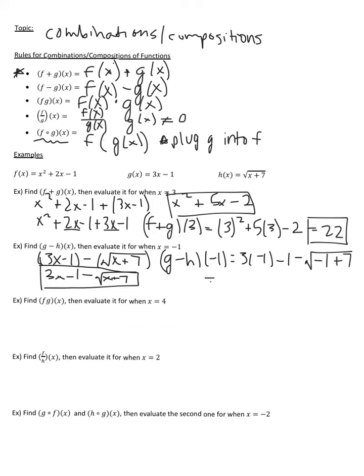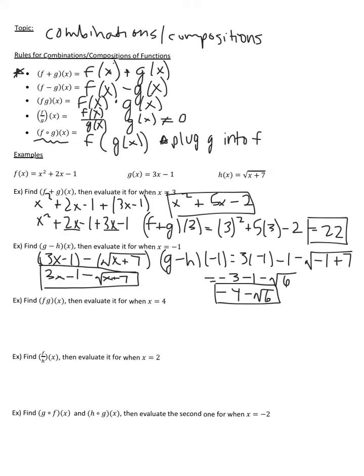So then that's going to give us negative 3 minus 1 minus the square root of 6, which would be negative 4 minus the square root of 6. And that's as simple as that gets. You can type that into your calculator if you want a decimal approximation, but if we want to leave the answer exact, then we would have to leave it like this. Again, because I can't combine something under a square root with something that's not under a square root.